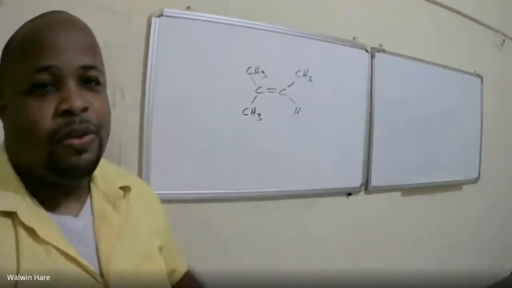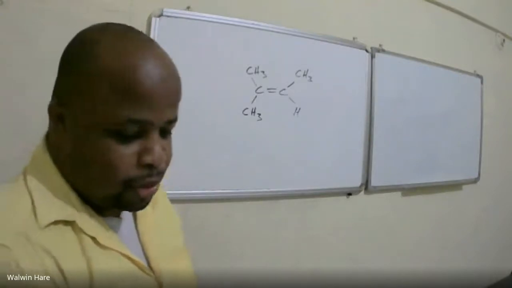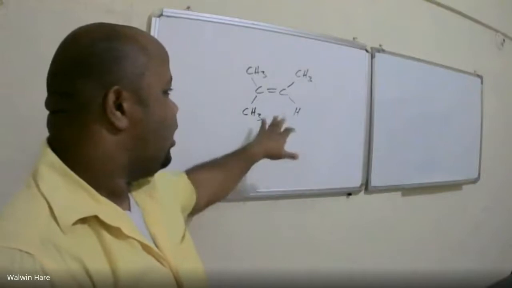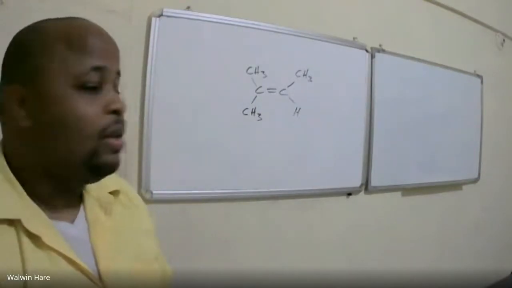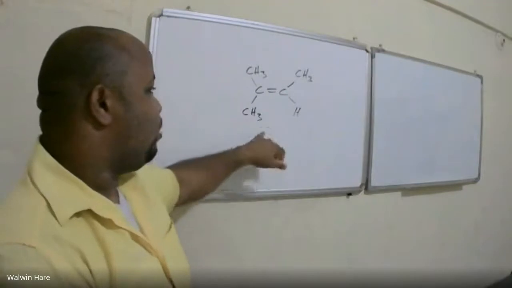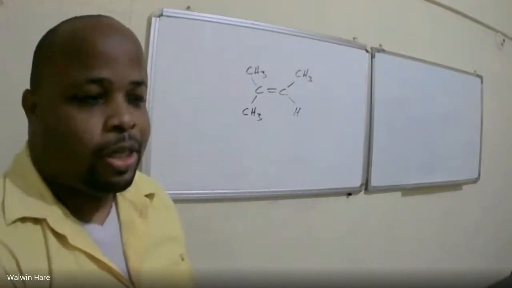You mean like the electrophilic addition? Alright, addition. Right. Alkenes always do addition and alkanes do substitution. Why do alkenes do addition? Joanna, why can alkenes do addition whereas alkanes only do substitution?